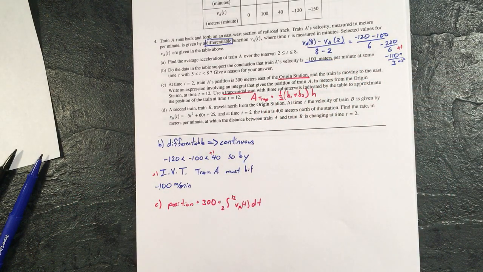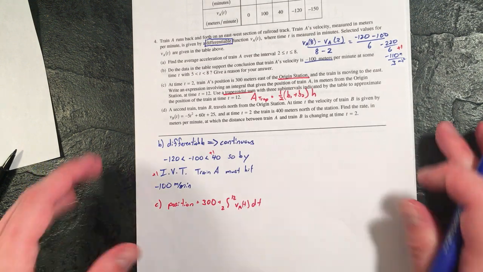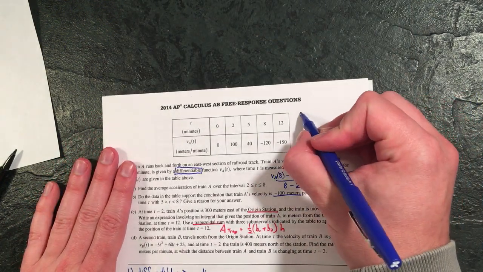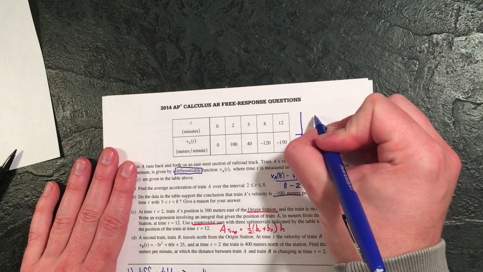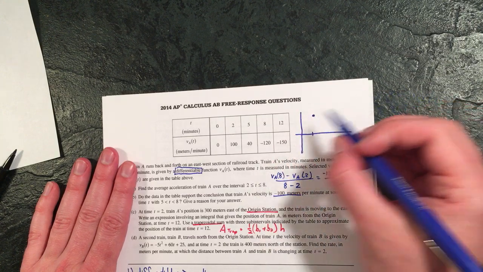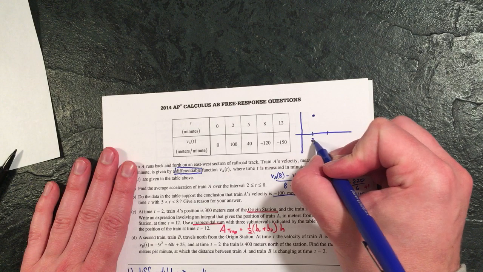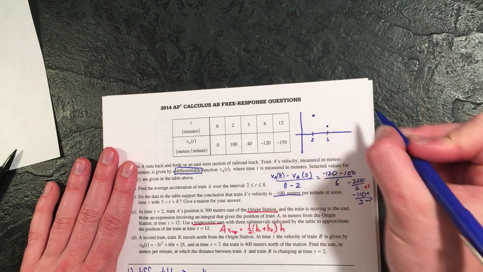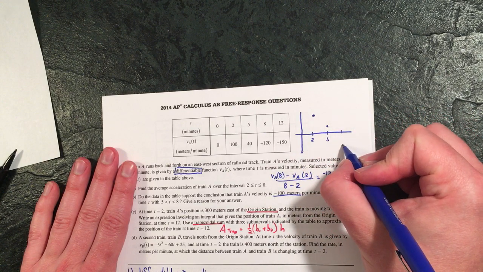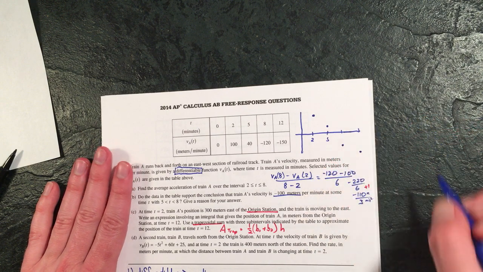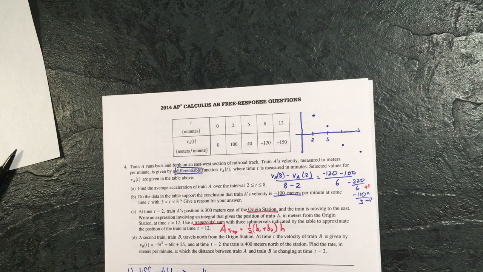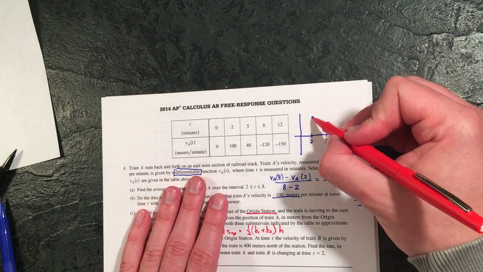And Lucian asked about this specifically, and I think I can draw a quick little picture here that may help us see this a little bit better. So at 2, it's up at 100. At 5, it's at 40. At 8, it's negative. And then at 12, it's also negative. And they want to do trapezoidal sums. So we can make a trapezoid here.